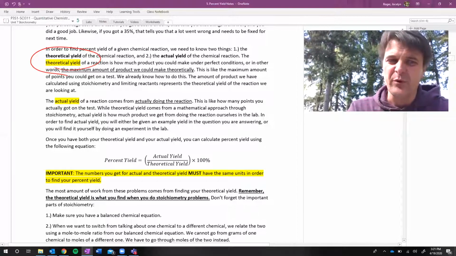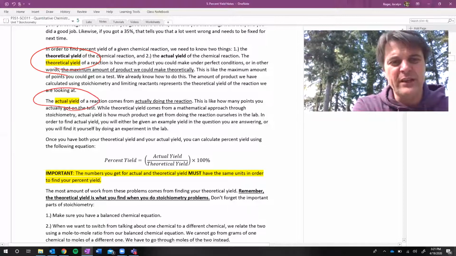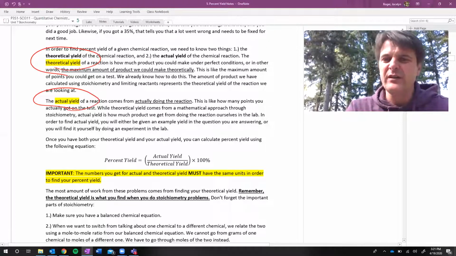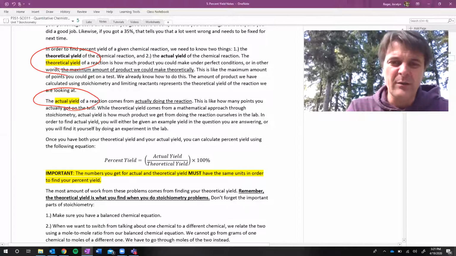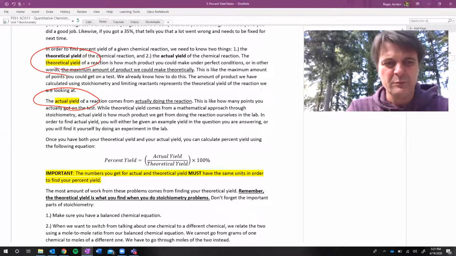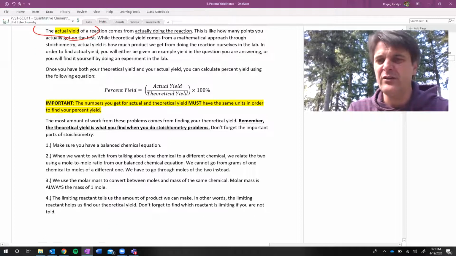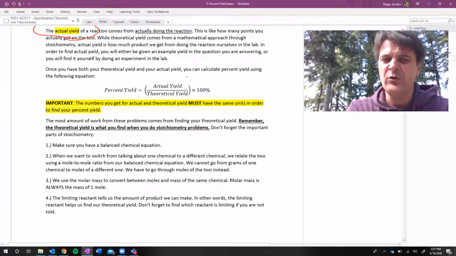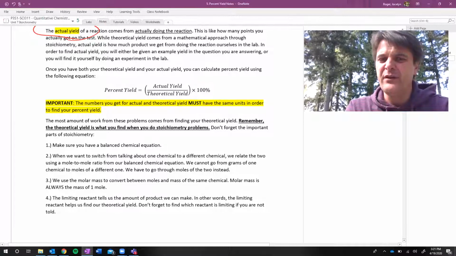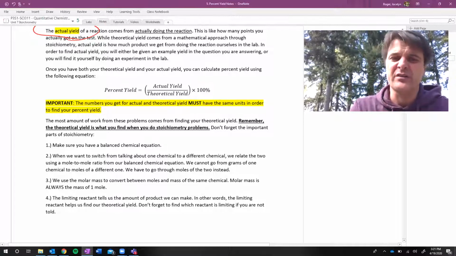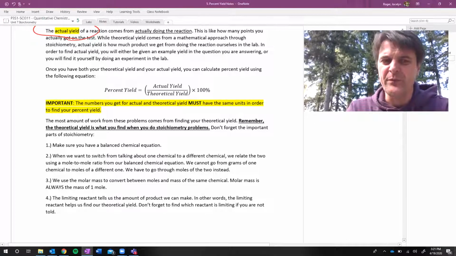The actual yield is what's actually happening in a real chemical reaction. The equation is right here. To calculate the percent yield, you take the actual yield and divide by the theoretical yield, multiplied by 100 because it's in a percentage form.